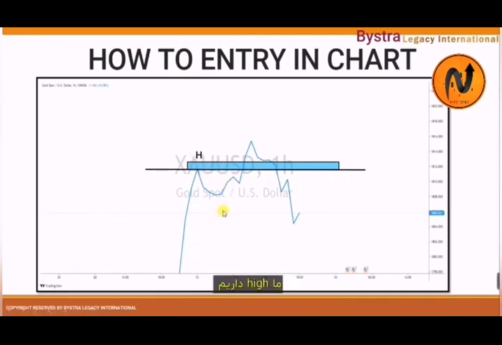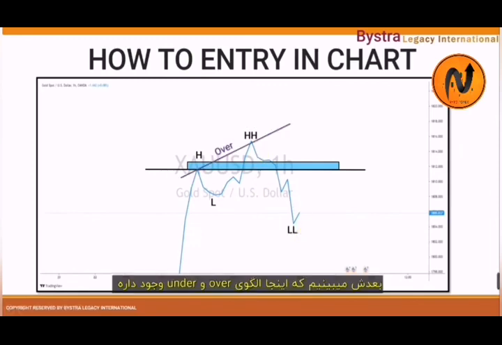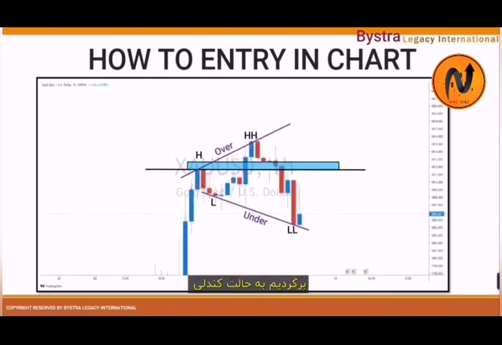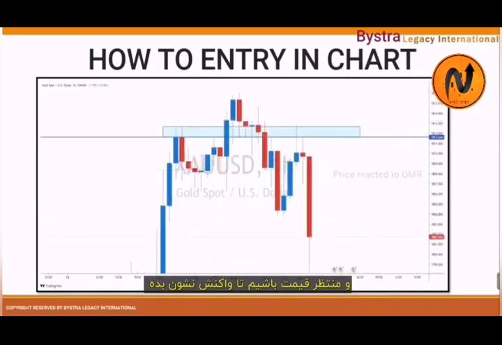We have the high, low, higher high, and lower low. And we can see here there's an over and under pattern. So this is a good QM pattern. Let's change back to the candlestick, and let's wait for the price to react. And you can see here that the price has reacted to our QMR.